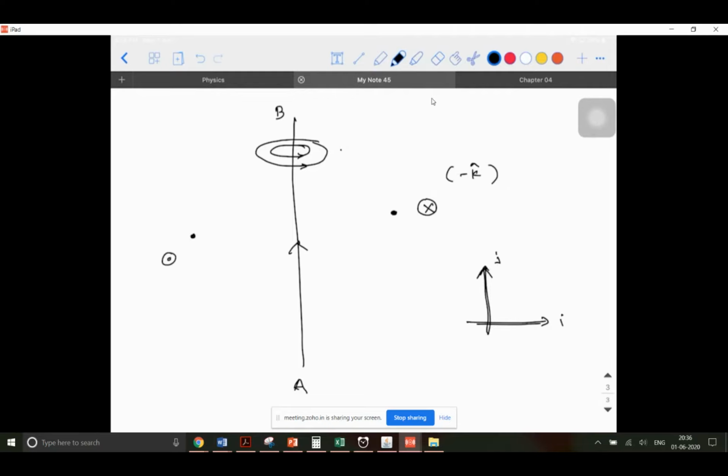See, what I generally suggest to everyone is, instead of using the right hand thumb rule, go with vectors. There is a high possibility that you might make mistakes sometimes, whereas vectors will not cheat you. It will directly give you the answer because you have a standard formula: i cross j is going to be k cap, it is fixed. You need not use a right hand or left hand.